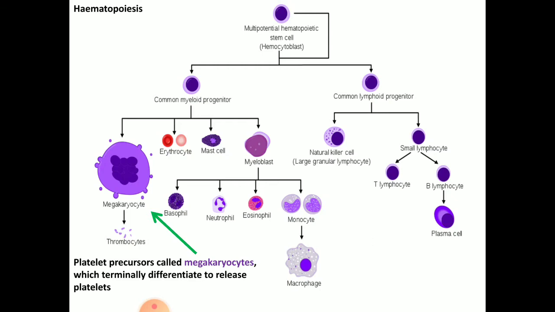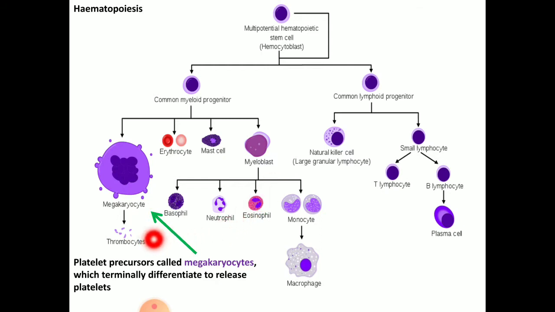So let us look into the common myeloid progenitor. While we learn about the common myeloid progenitor, if you look at this one, the first kind of cells that are given by this common myeloid progenitor are the megakaryocytes.